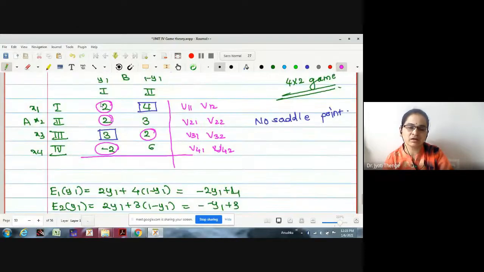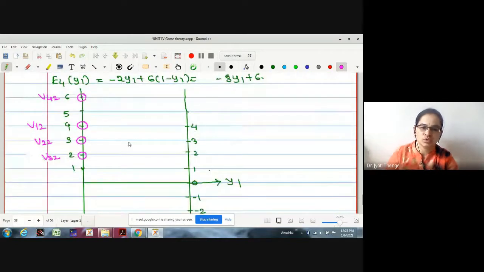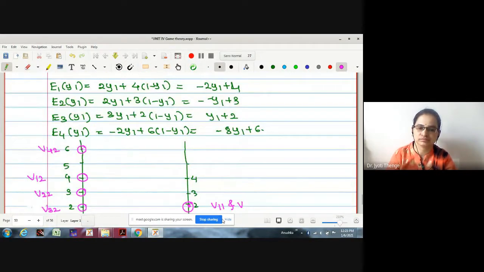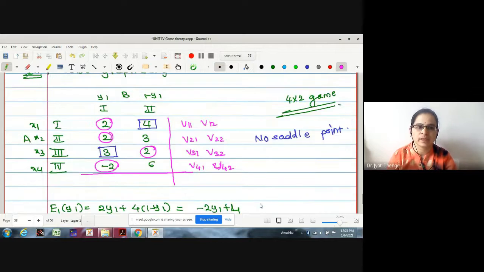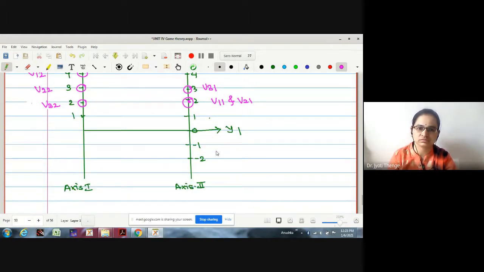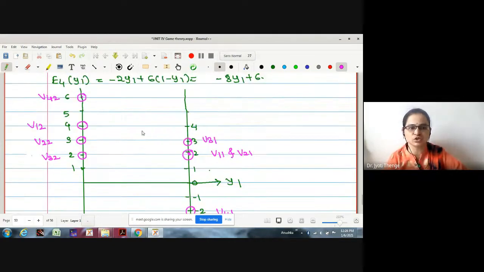Now I will mark entries of the first column on the second axis: 2, 2, 3, minus 2. 2, 2 means this point repeatedly. This is V11 and V21. 3 and minus 2: this is V31, and minus 2 is here. We have plotted all the points. Now, which points to join?